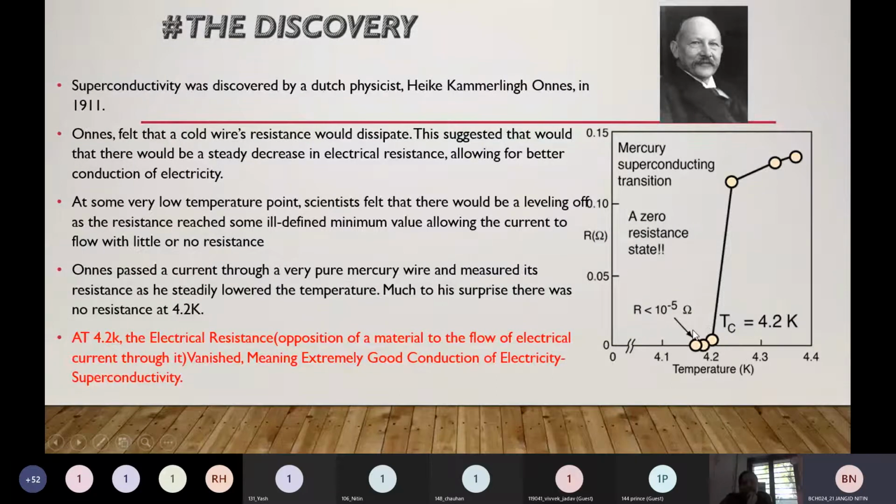This was happening because the mercury was showing the superconductivity property.